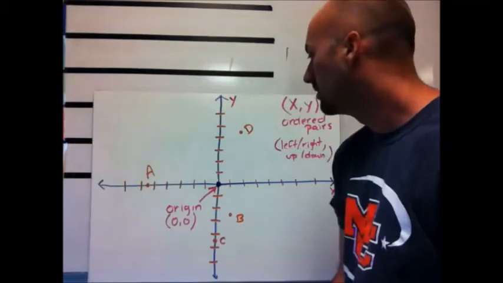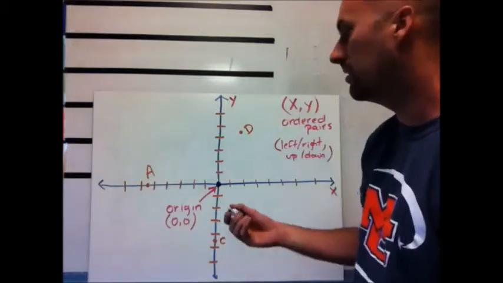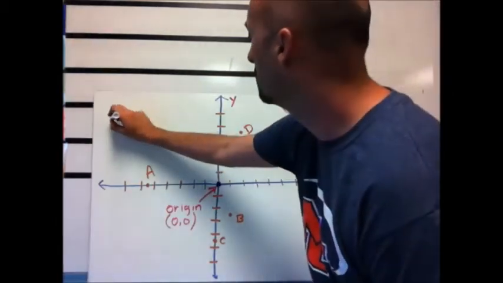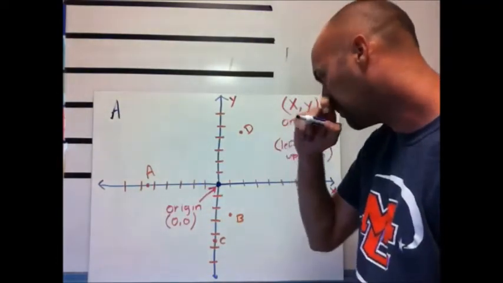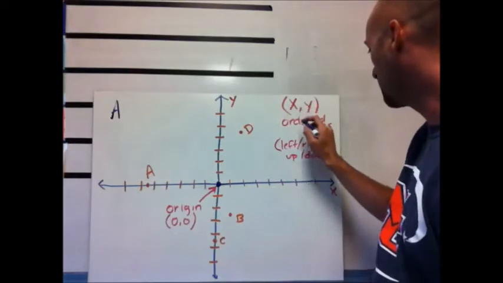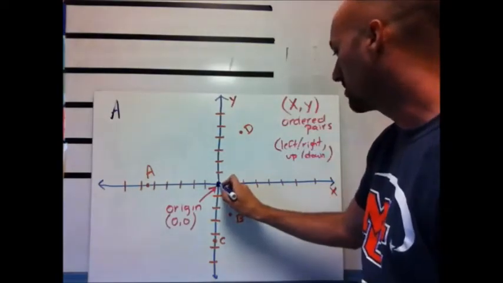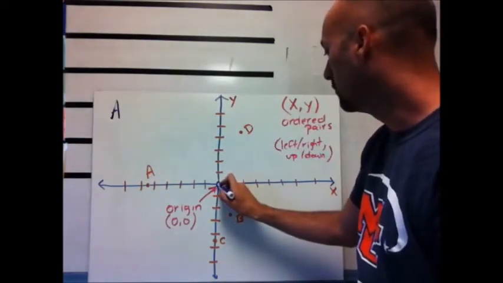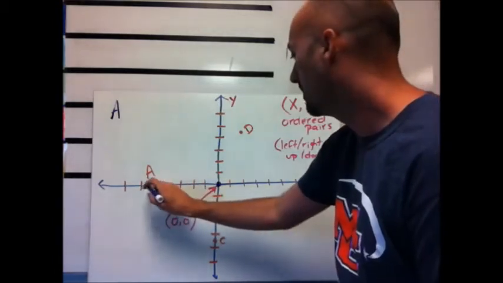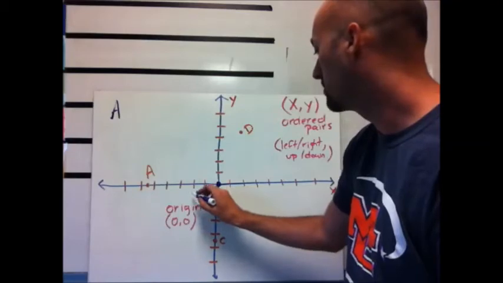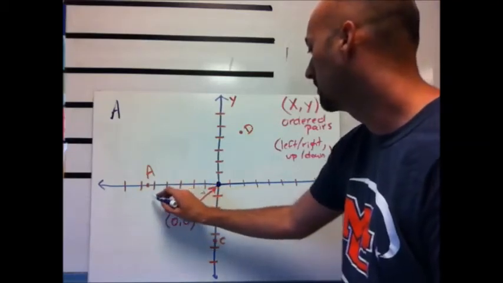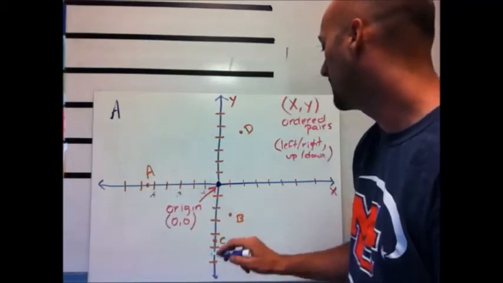Now, there are some points here already labeled, and we want to figure out what ordered pair represents that point. So let's start with point A here. I'm going to list the ordered pairs for these. So for point A, remember, x first, left, right. So I start from my origin and I go left. Now left is negative. So if I want to, I can put a few numbers here: -1, -3, -5.